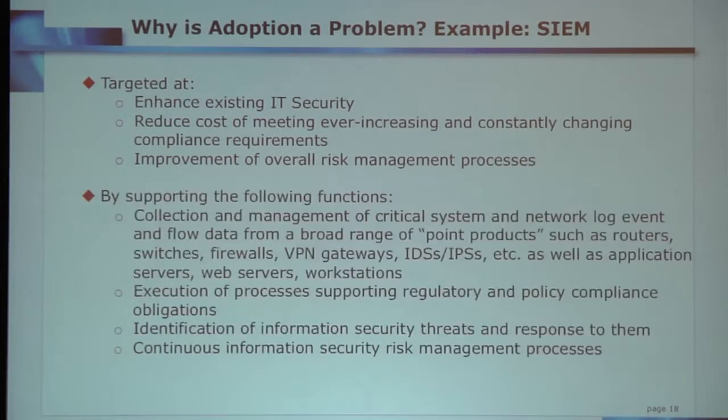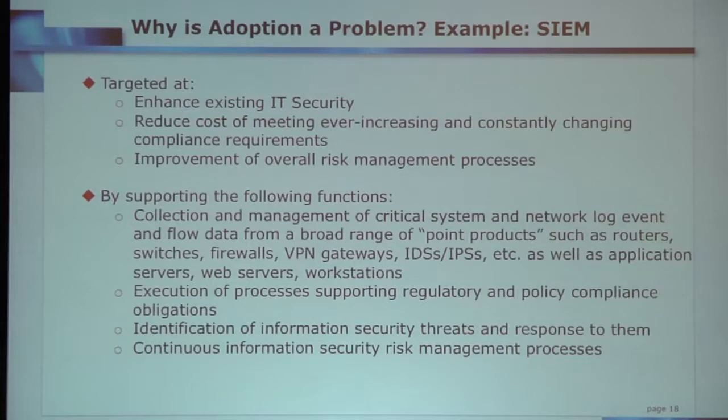So it has all the right features and functions: aggregating and collecting security events and log information from all these different security point products, your firewalls, gateways, switches, routers, VPN gateways, leak prevention systems, and so forth, really providing this higher level of aggregation. And then helping with compliance, with identifying and responding to threats, and helping with risk management processes. So it's doing all the right things. So why is the adoption not really there where we would expect it to be?